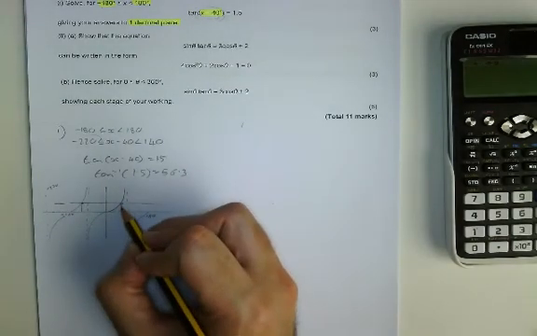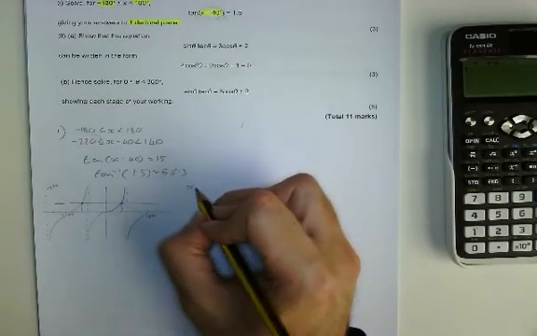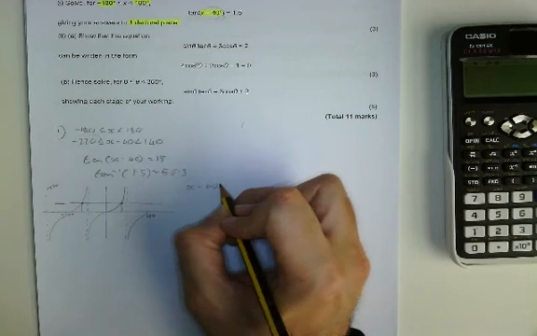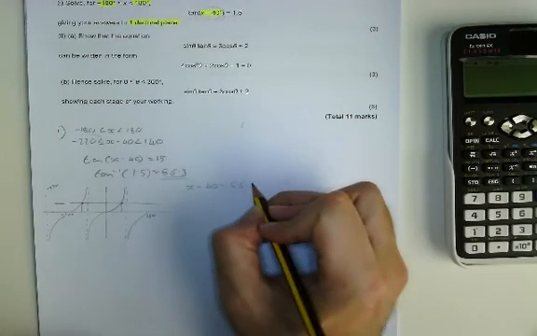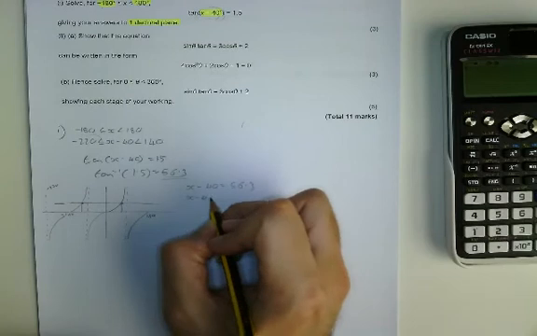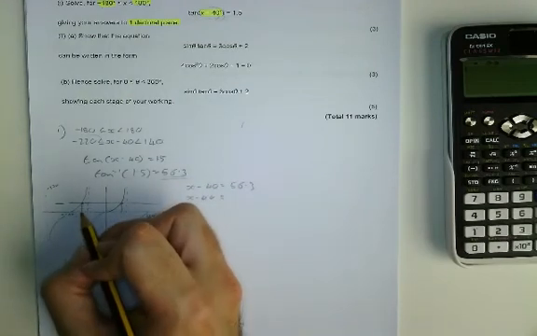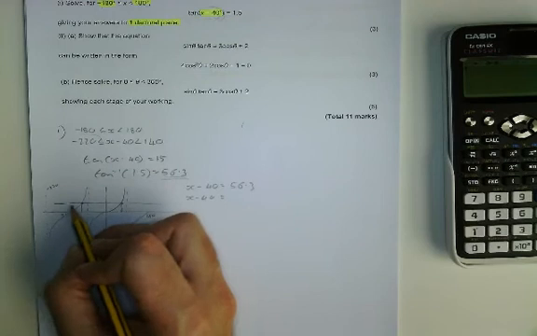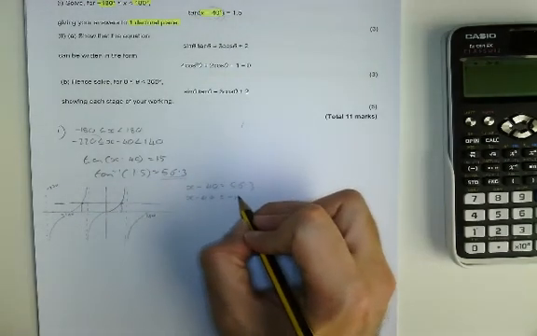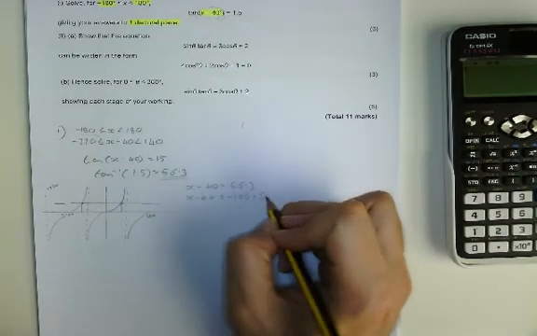So this answer, which is in the first quadrant, means that x minus 40 is just 56.3. And x minus 40 will also be in this quadrant, the second negative quadrant, isn't it? So that's going to be minus 180 plus 56.3.